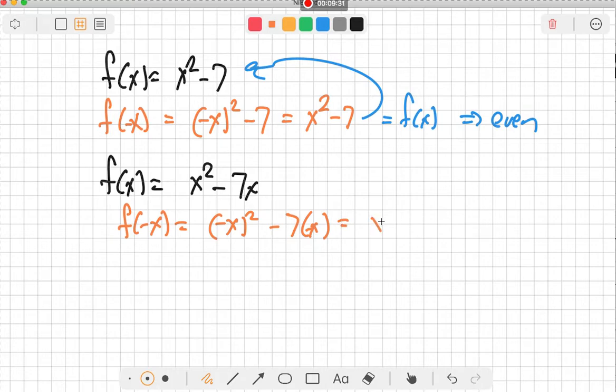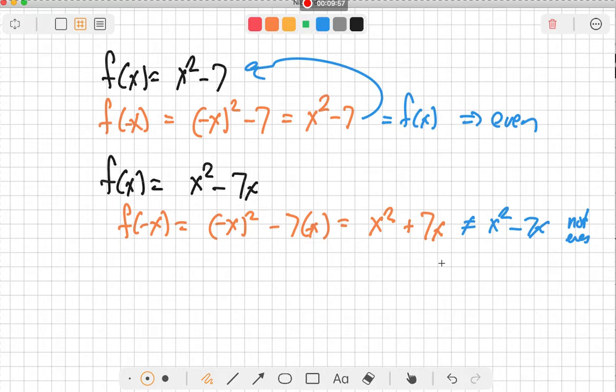And that's going to equal x squared, because again, negative x squared is negative 1 squared, which is 1, times x squared. But here we get negative 7 times the negative x is a plus 7x. So again, this is not going to equal x squared minus 7x. So it's not even.